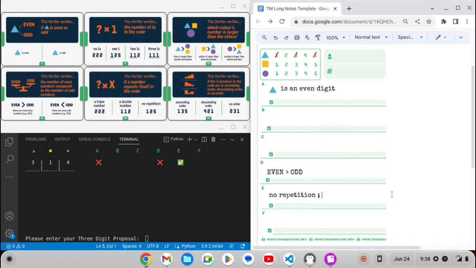And because there are no repetitions, again, they're all unique, and there are more evens than odds, that means that of the evens that I do have, they cannot be duplicated. They can't be copied. So it's not like you can have two twos or two fours. They're unique.